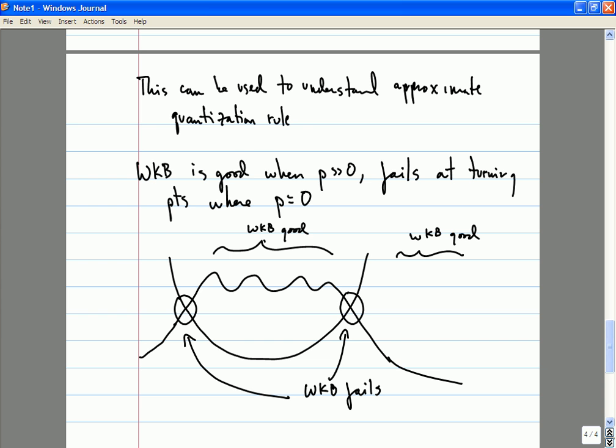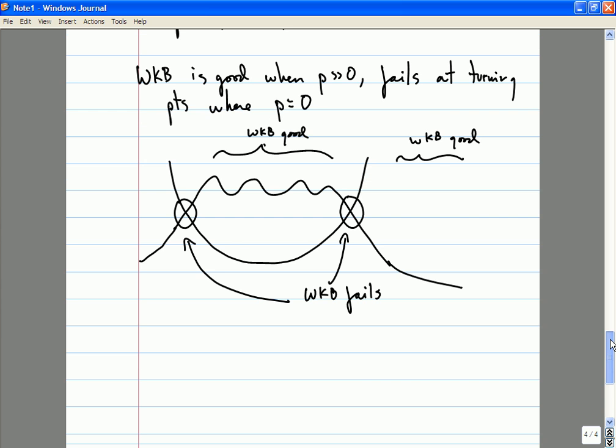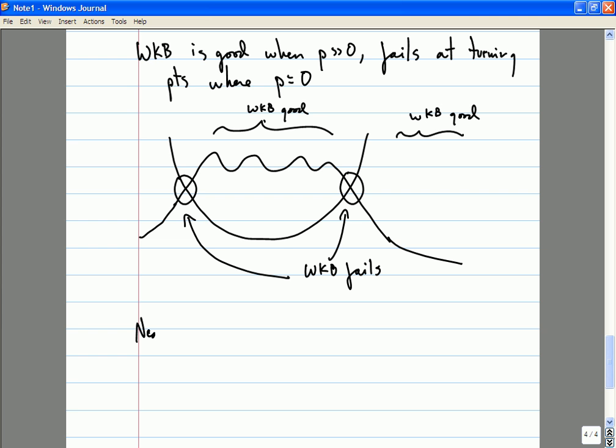However, near a turning point, we could always take the potential and expand it in a Taylor series in powers of the distance from the turning point.